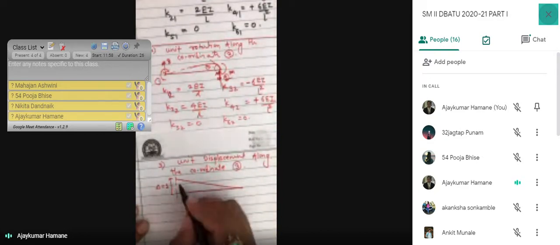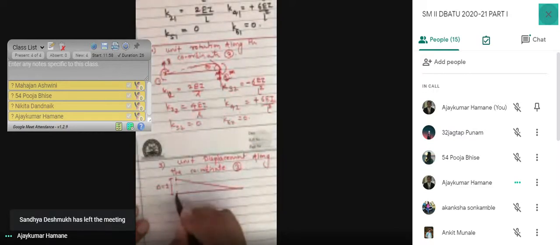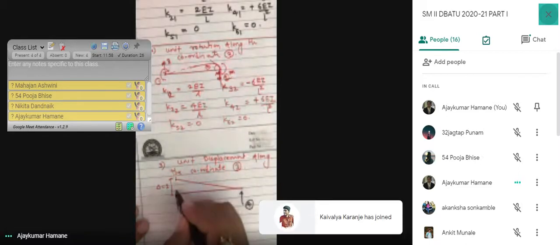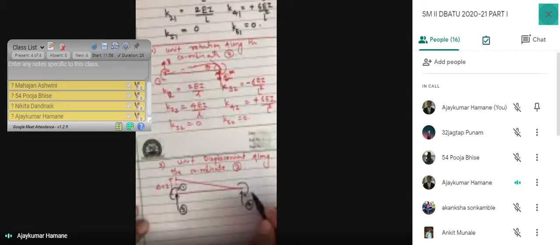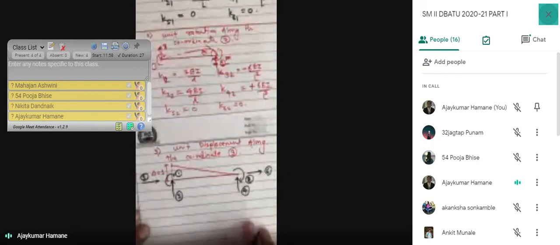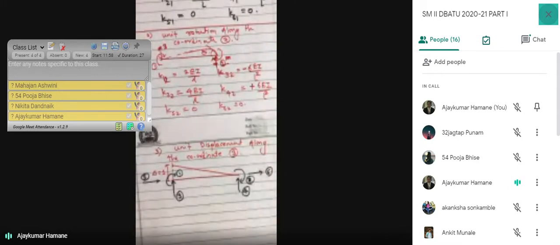So what we have to find out is this force along 3, along 4, what is the moment along 1, what is the moment along 2, and the axial deformation. Now this we have already seen.